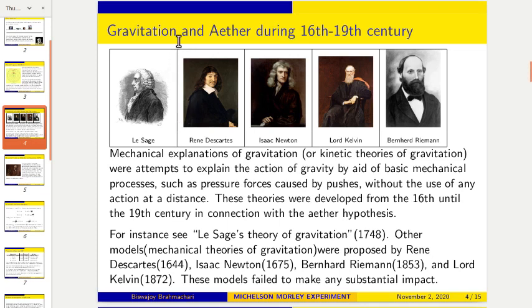Gravitation and ether had a link, from the 16th to the 19th century. Many prominent scientists considered an underlying theory of gravity, not just the gravitational force G m1 m2 by r squared, which is the working formula, but the dynamics behind the gravitational attraction.